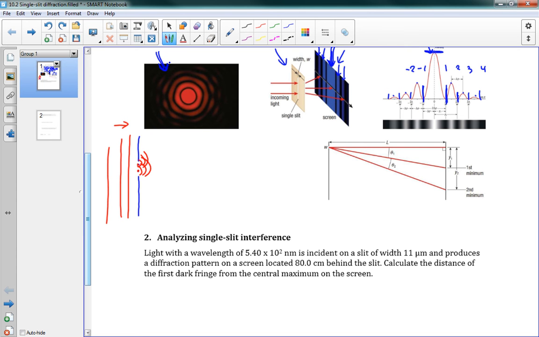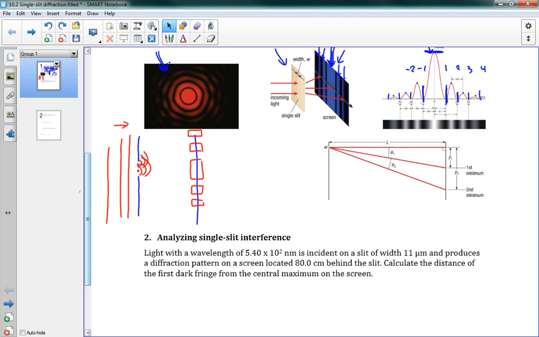If we made our slit smaller, we would get less interference, to the point where if we made our slit very, very small, we wouldn't get any of this interference at all. Okay, we have the screen on the other end, and the result is we get a large bright band in the middle, and then we get bright bands that are about half as large as we go up, and about half as large as we go down.